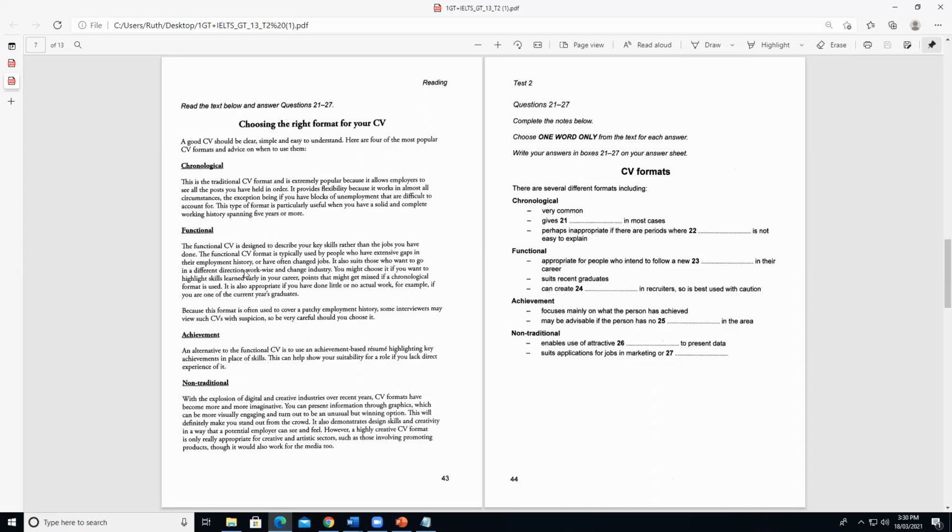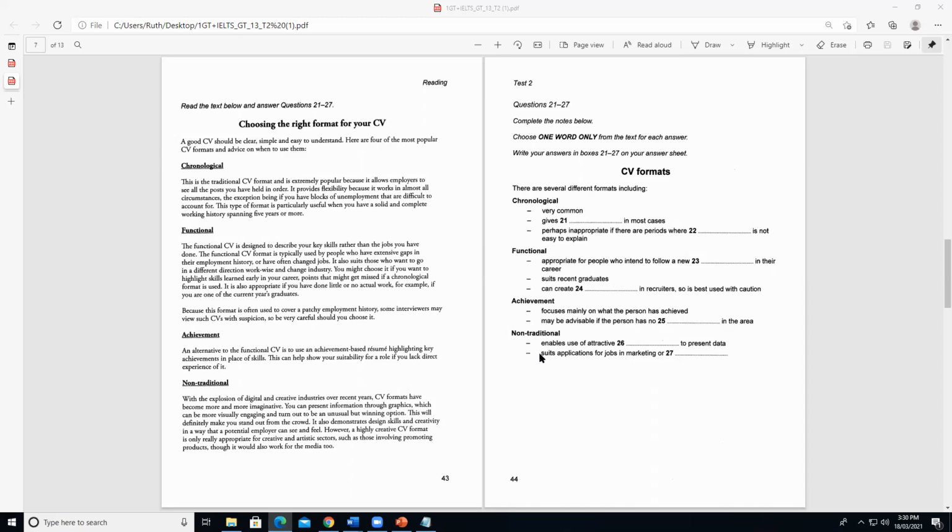Yeah, to follow a new direction. Different direction, so that's why you choose new direction. Then 24, in functional, last line. That's right. And then 25, in the last line, experience of it.